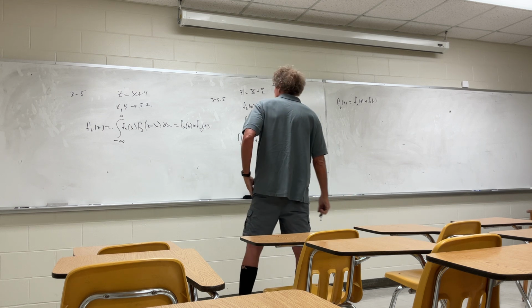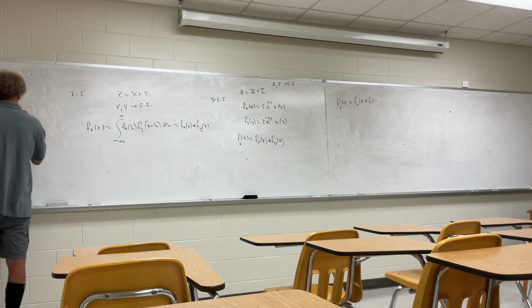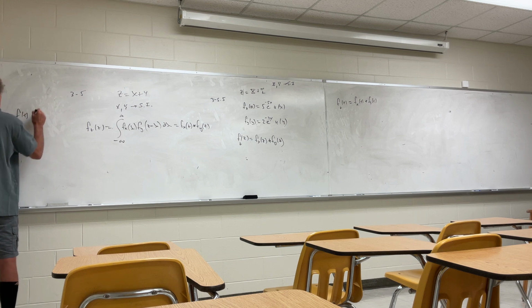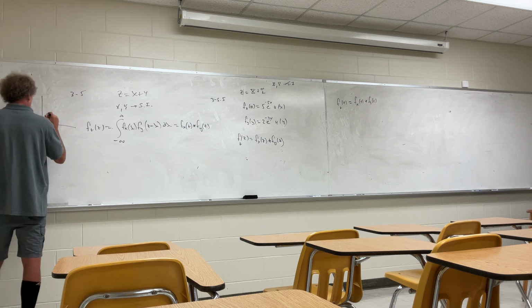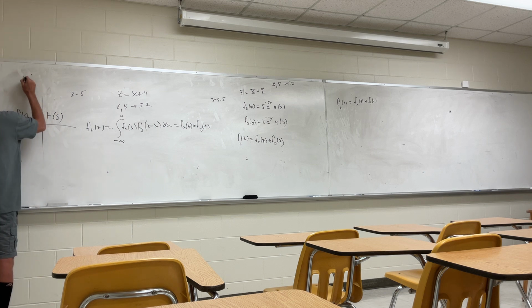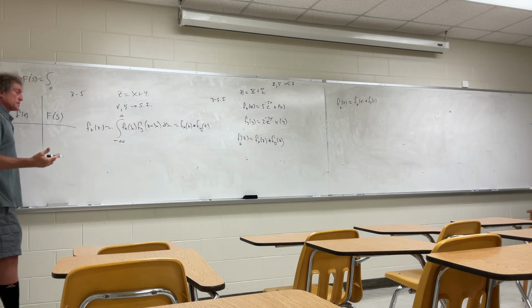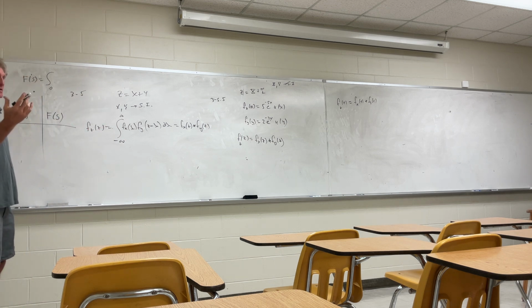And the fundamental truth was that if you had any f of t here, the capital F of s is simply going to be the transform of that. F of s is equal to the integral. We're always going to use the one-sided Laplace transform, so the integration here starts at 0, and almost all functions you can adapt to make that realistic.